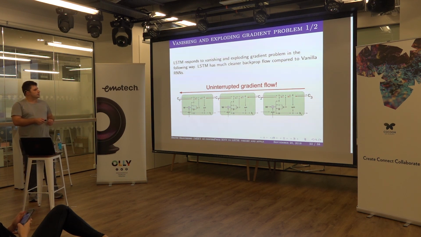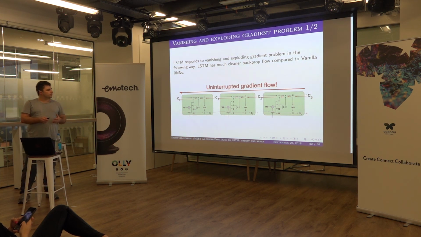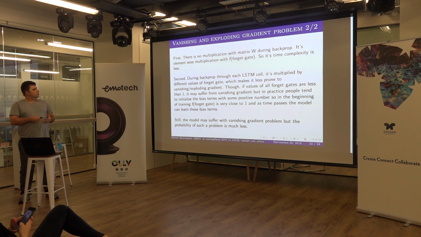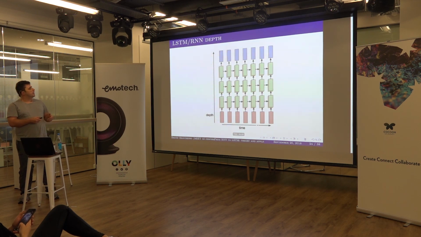It addresses it in such a way that we don't use our matrix W in every cell, and this way we have like a super gradient highway, which is uninterrupted and can unimpededly update the weight matrices and coefficients which we need to update with the backpropagation.